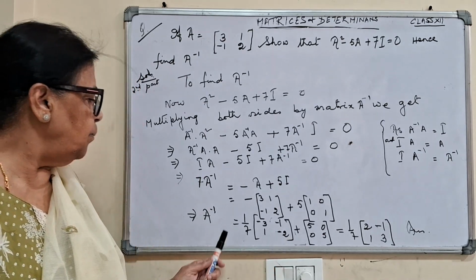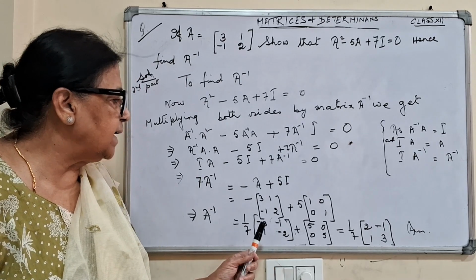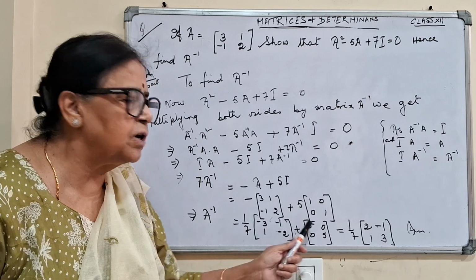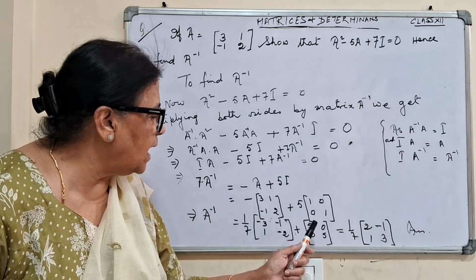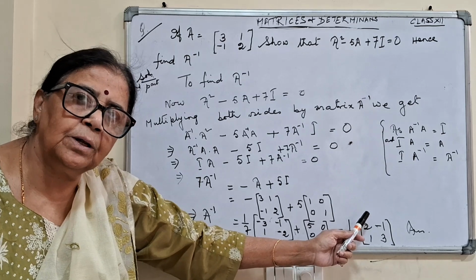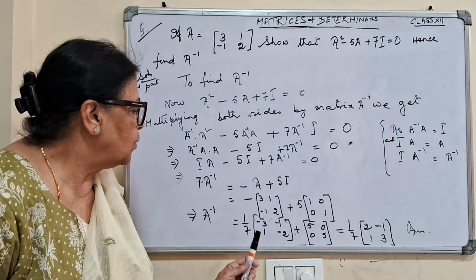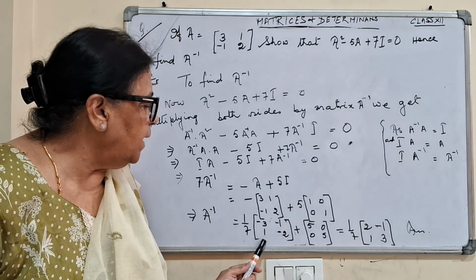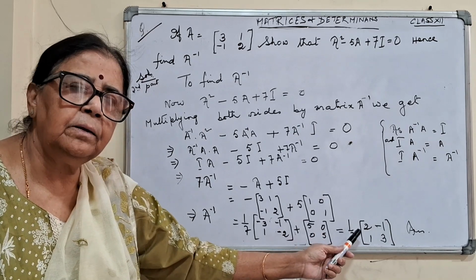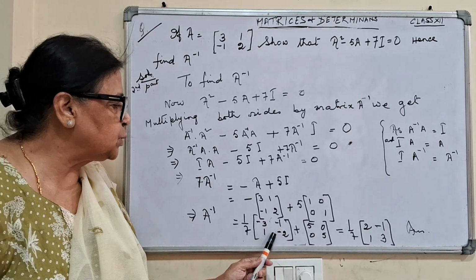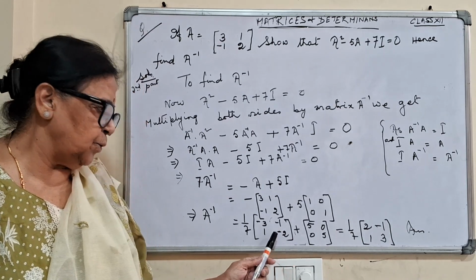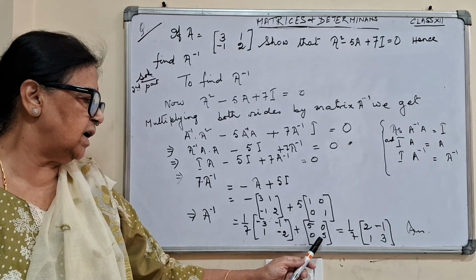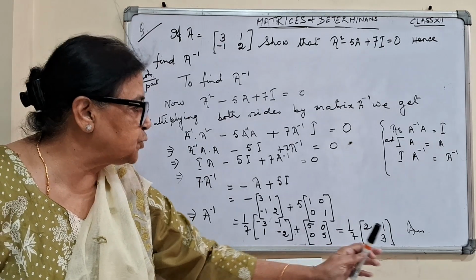I simplify: minus 3 plus 5 is 2, minus 1 and 0 is minus 1, then 1 and 0 is 1, and minus 2 plus 5 is 3.